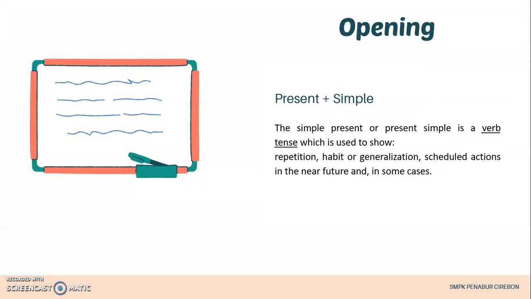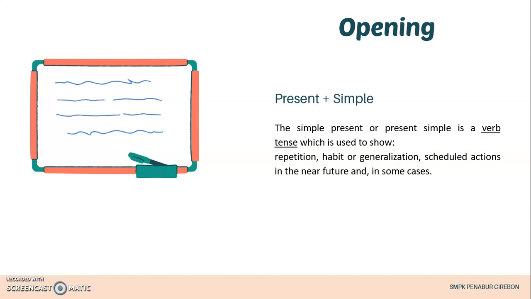What is present simple actually? Present simple comes from two words, present and simple. Present means sekarang in bahasa Indonesia. Simple means sederhana. Present simple can be translated as bentuk waktu sederhana sekarang.